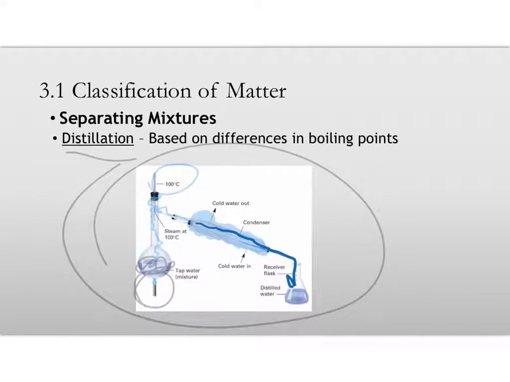What would be left over is pure water on the right in that Erlenmeyer flask, and you would have the salts left over in here. The reason that works is because salts have a very, very high melting point and a very high boiling point. Water doesn't, so they're easily separated by distillation.